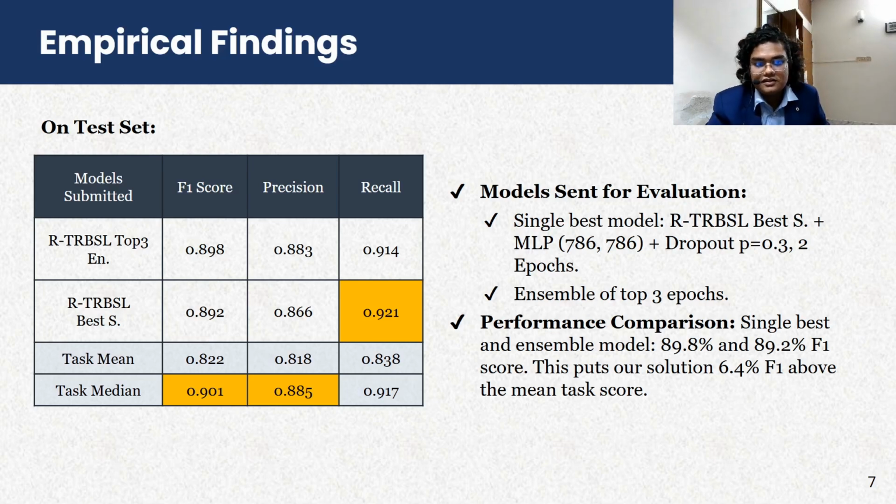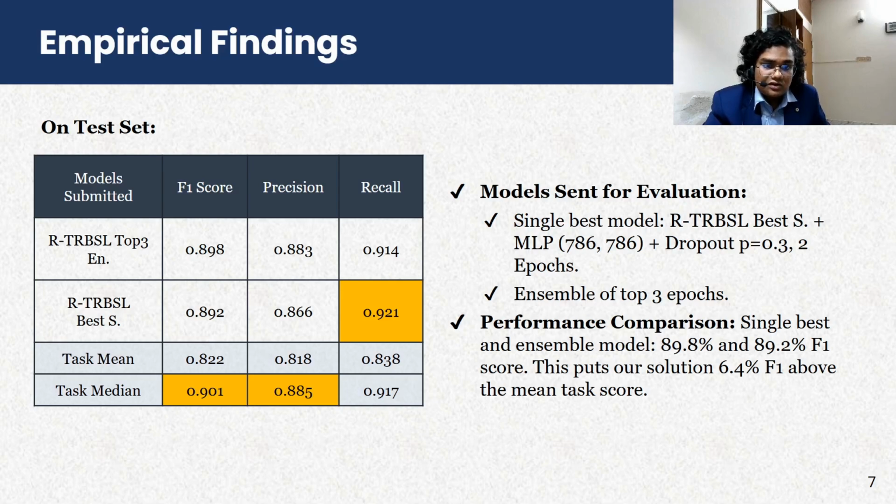As we can see in the results, our ensembled model got a very high F1 score of 0.898, and the single model got an F1 score of 0.892. These are macro F1 scores.